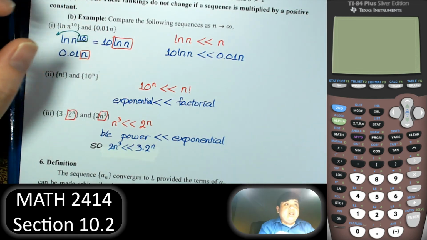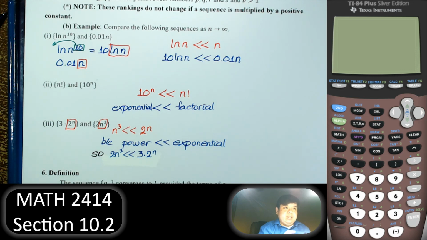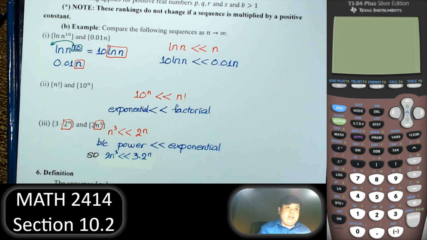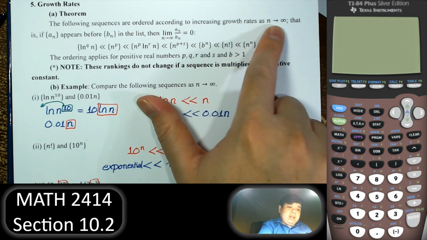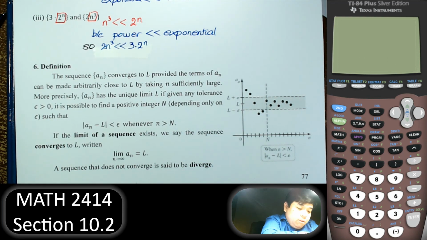And this ranking doesn't change when we multiply by a constant in front of it. The reason we limited this to a positive constant is that if it's negative, then it goes to negative infinity, and we don't want that. We said the growth rate is when it goes to infinity. Right.